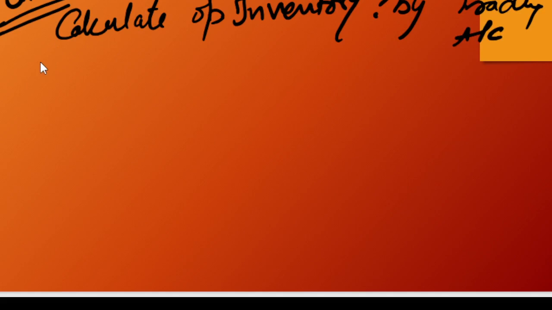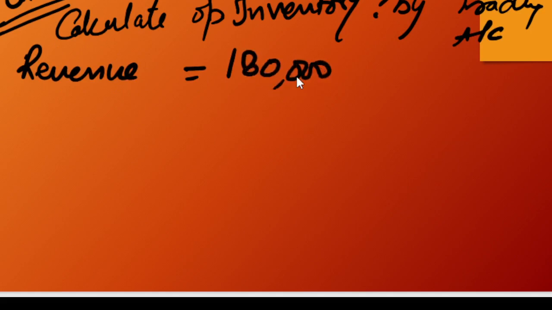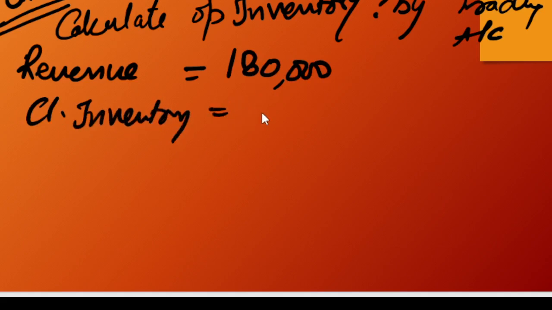Now you need to calculate opening inventory. Okay, so how are you going to find out opening inventory? By using the trading account. For this, the information is revenue, that is 180,000, and then closing inventory, for example, 40,000.